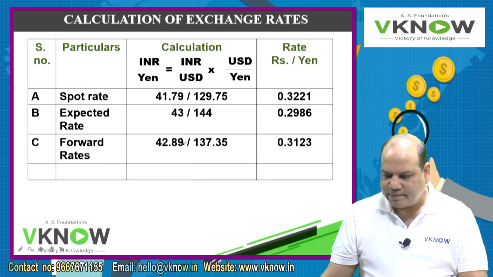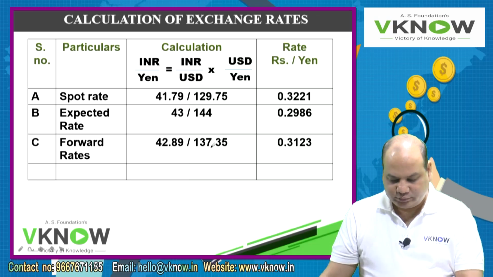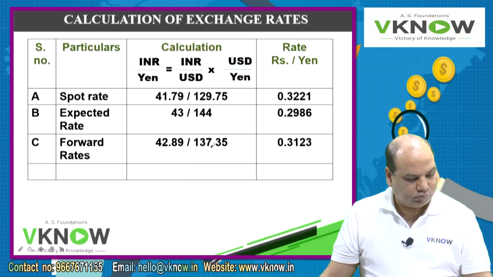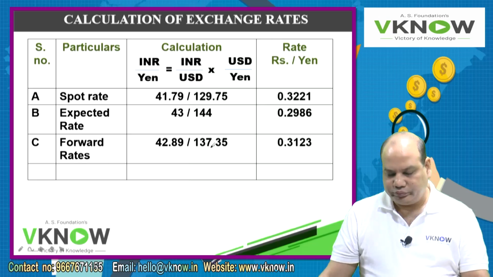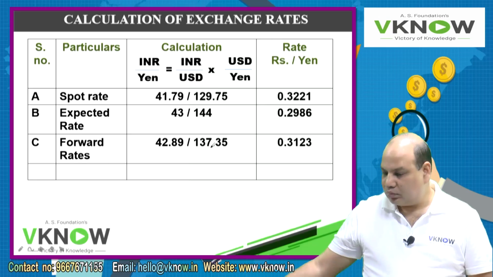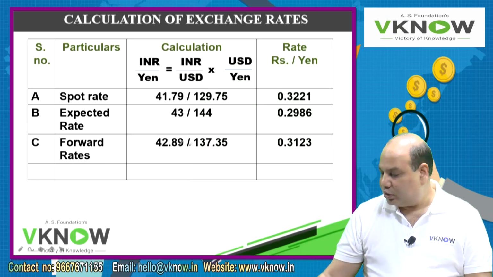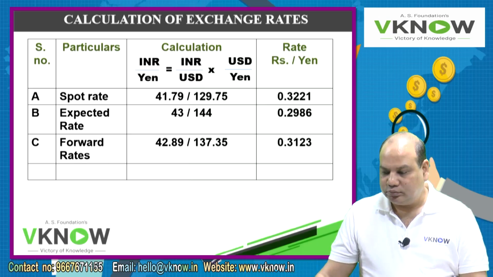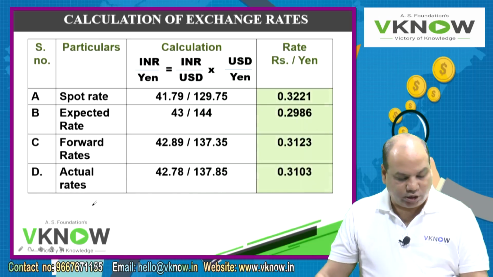Forward rate: 42.89 by 137.35. Point 3123, and then write actual rate.